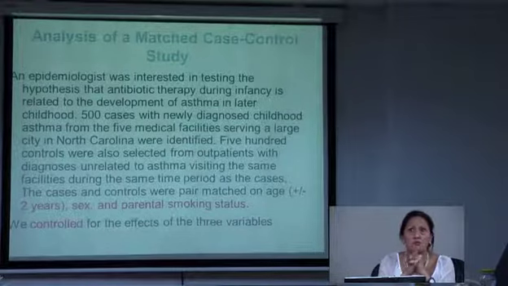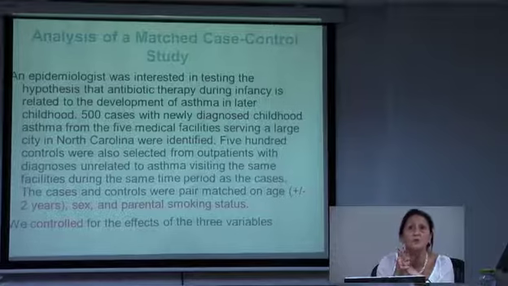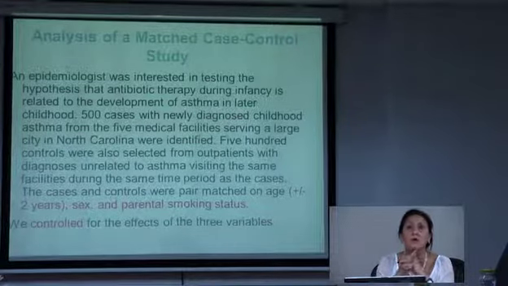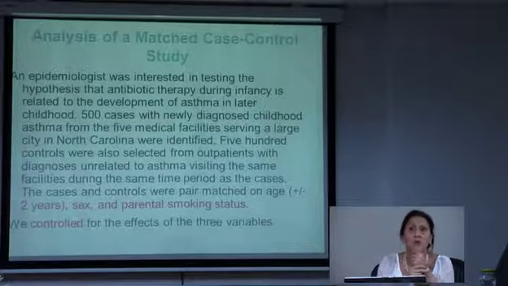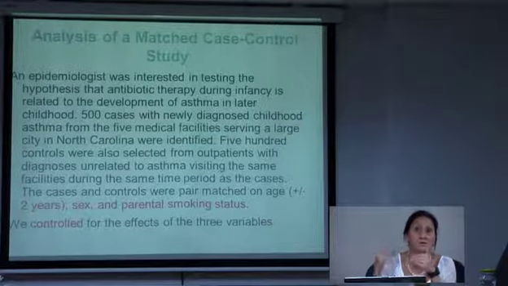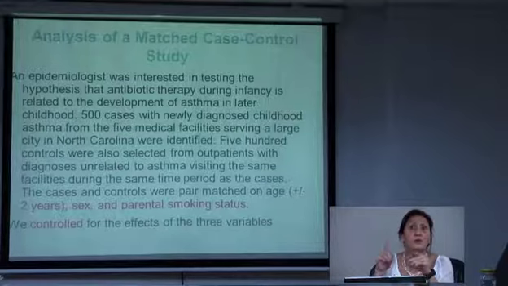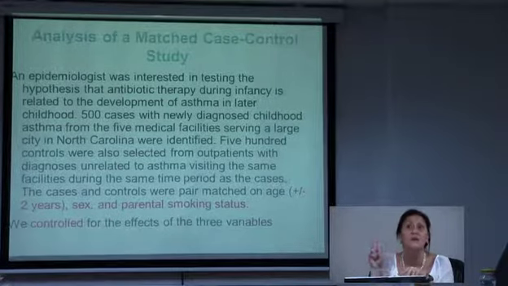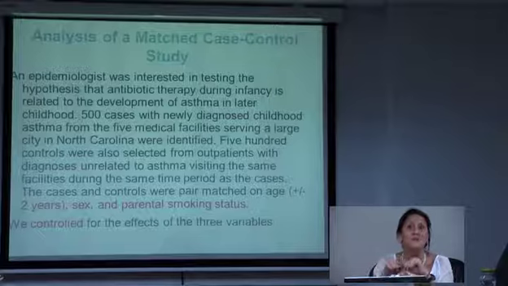Analysis of a matched case control study. An epidemiologist was interested in looking at antibiotic therapy during infancy and its relation to the development of asthma in later childhood. He started with cases of newly diagnosed childhood asthma from 5 medical facilities serving a large city in North Carolina.